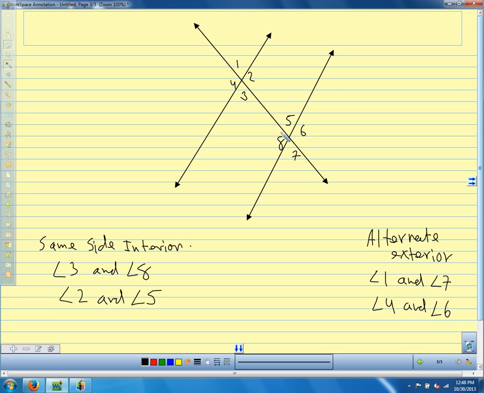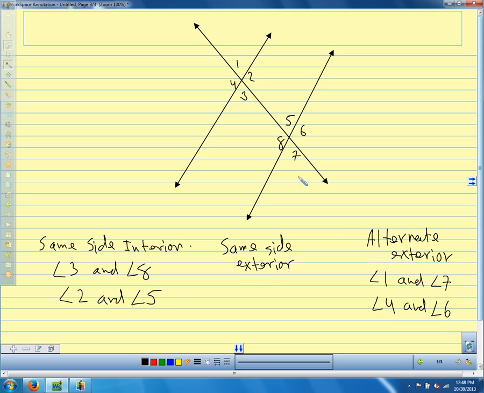What's the difference between the same side exterior and consecutive exterior? It means the same thing, just different ways. Different books, different people will say it different ways, but it means the same thing. And then the last one on the right, same side exterior or consecutive exterior. Same side of the transversal, outside the two lines.